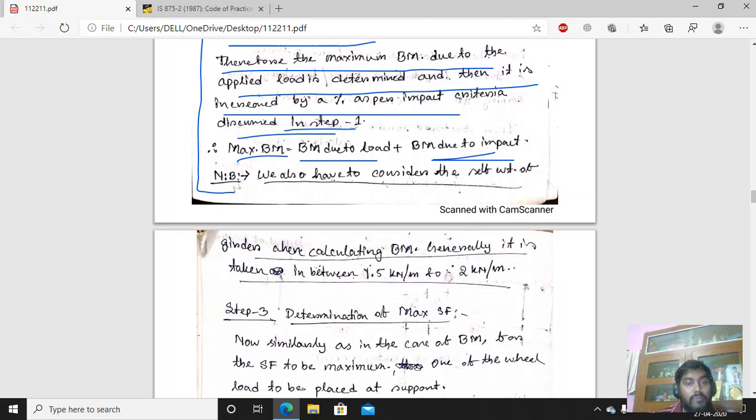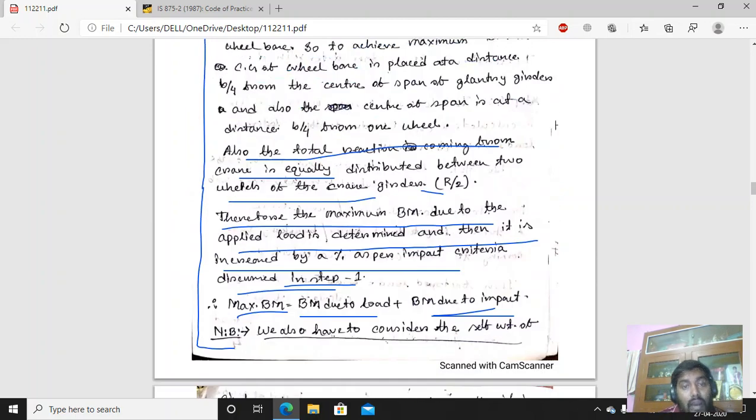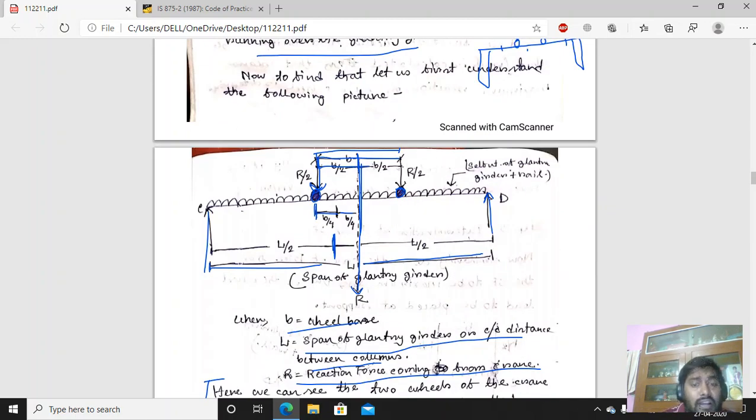Now note, this is the load reaction force. Why is the UDL here, what is the role of the UDL? Similarly, as we considered the self weight of the crane girder when calculating the load, here the self weight of the gantry girder as well as the wheel is there.